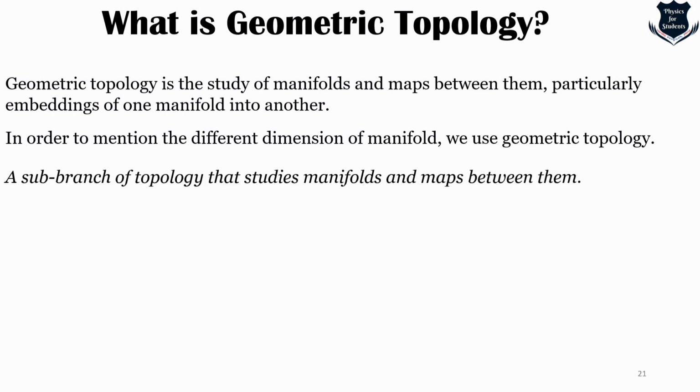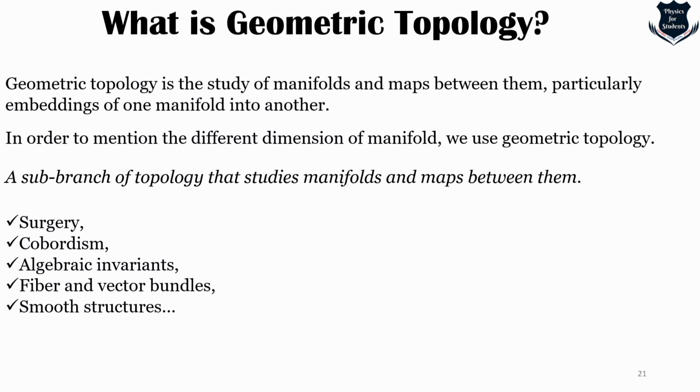So it is a sub-branch of topology that studies manifolds and maps between them. It uses techniques like cobordism, surgery, algebraic invariants. Let us not go into much detail on this, because in some way manifolds behave differently when they are measured in different dimensions.